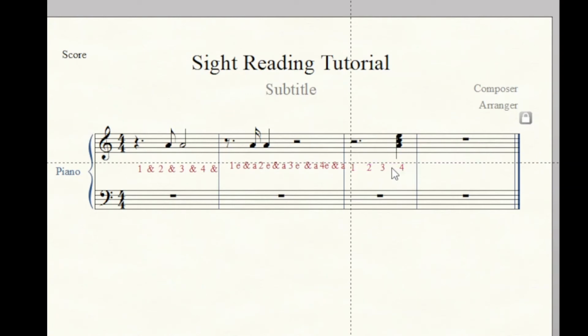So this would be 1, 2, 3, and then this chord would be on the 4th beat. So that is the concept of the dotted rest.